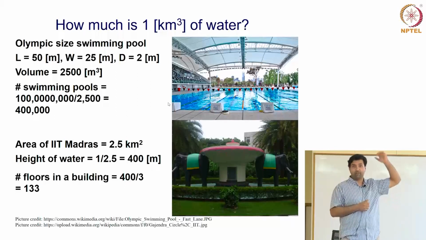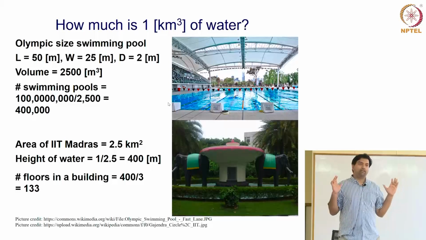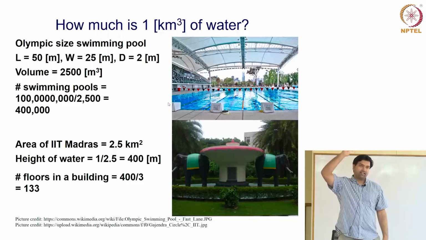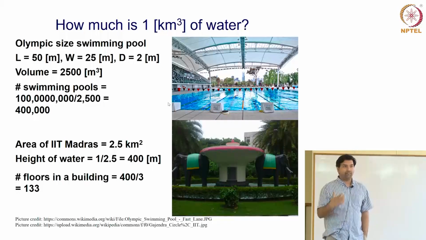It's about 130 floors, like a building of 130 floors. So this whole 2.5 square kilometer area, you fill it up with 130 floors of water. That's 1 cubic kilometer. You get a feel for the numbers.